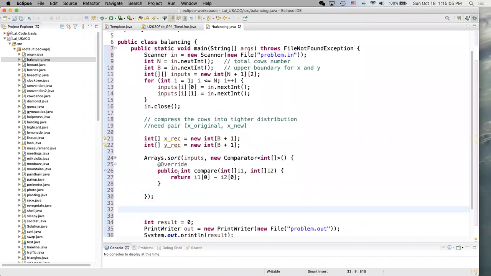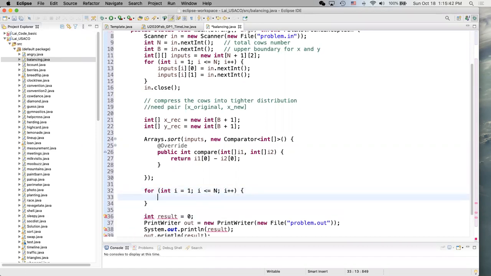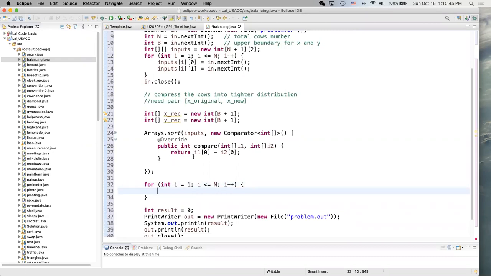After that, what you need to do is build up this pair. So you have another for loop, with I going from 1 since we start from 1, and I less than or equal to N, and I plus plus. Remember, for our new form, the XY should be odd for the cows.